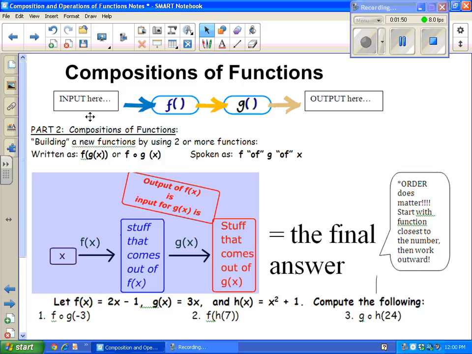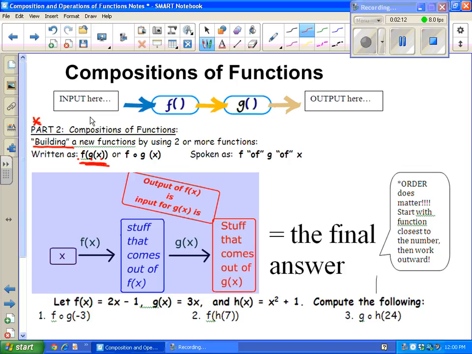So part 2 of the lesson that I actually began yesterday, and I split this into 2 sections, is composition of functions. We're going to build a new function using 2 or more functions. Now, the way you write it is it's going to have a lot of parentheses. You still say f of g of x.